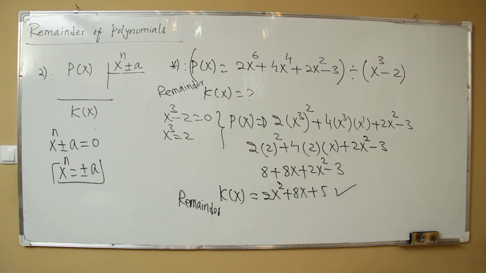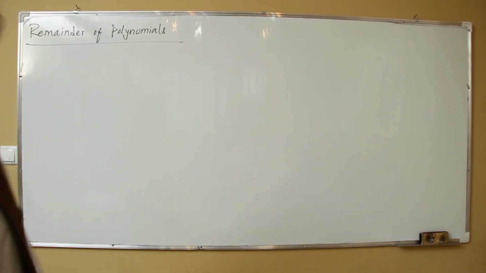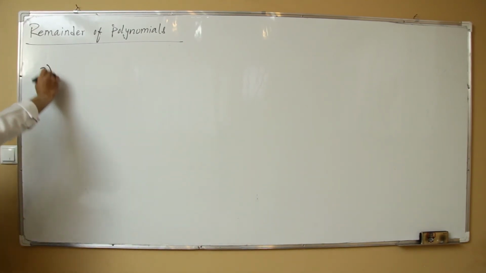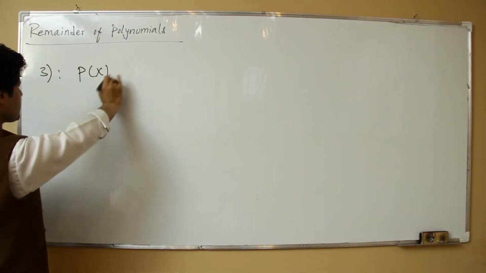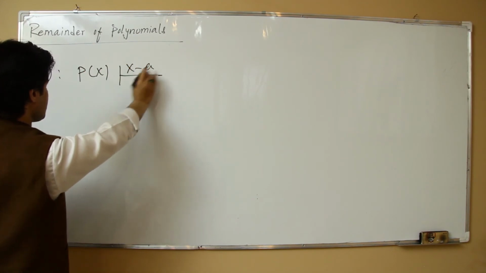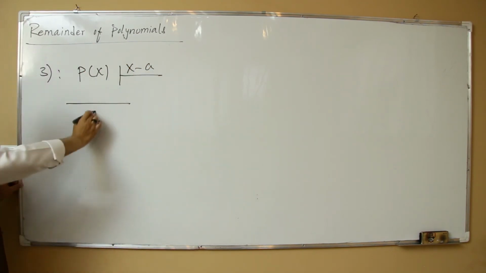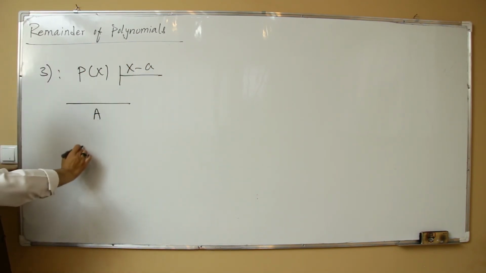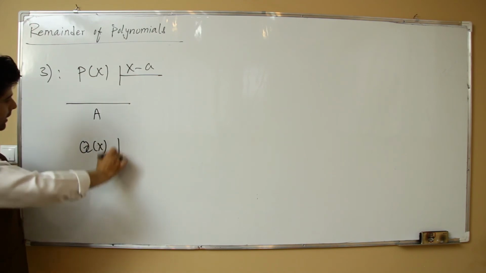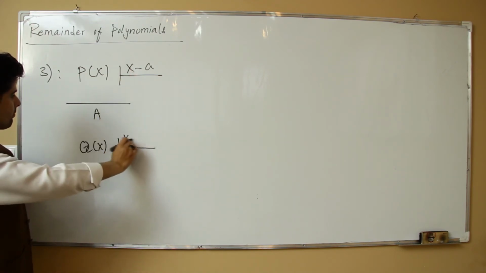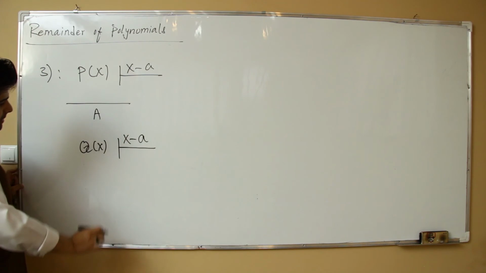Now we will come, inshallah, to the third form. If we have p(x) divided by x minus a, then the remainder is a. And we have another polynomial q(x) divided by the same divisor, x minus a.